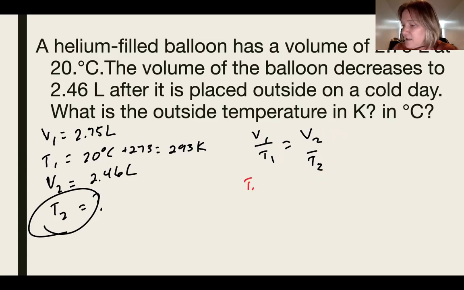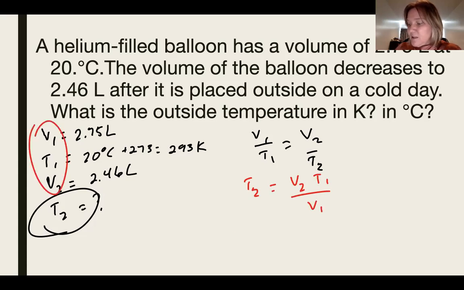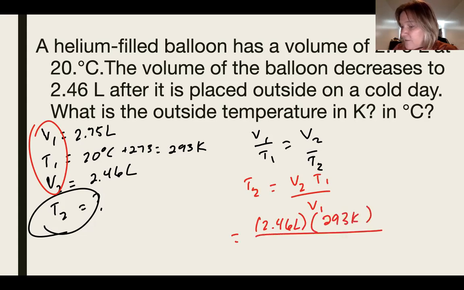So I end up with T2 equals V2 T1 over V1, which is all the things I have here. I'll substitute the numbers: V2 is 2.46 liters, T1 is 293 K, and V1 is 2.75 liters.